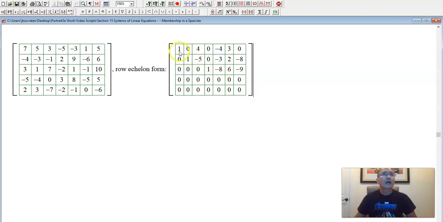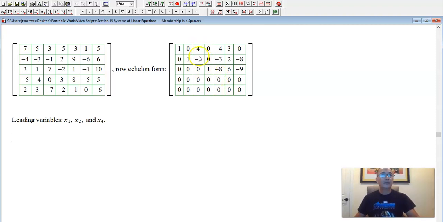So our leading ones are in column 1, column 2, and column 4. So let's write down our leading variables are x1, x2, and x4. So we said if a variable is not a leading variable, then it is a free variable.